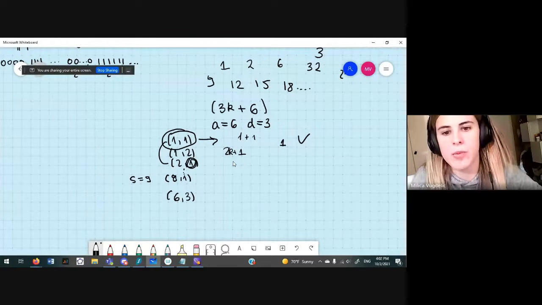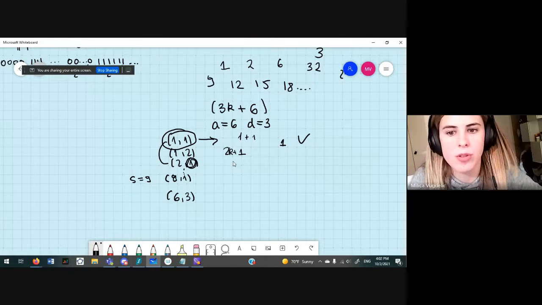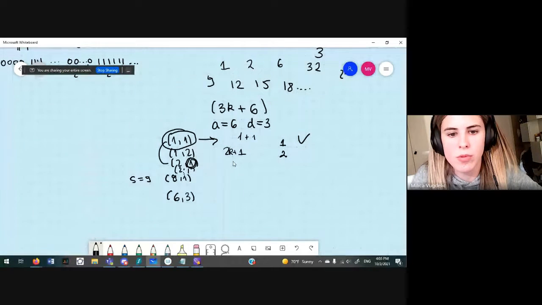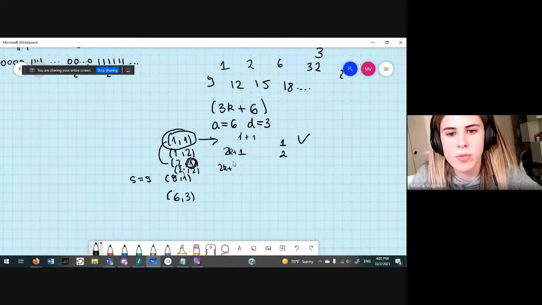And what I said is that we want it to be larger than 2 to the previous number. So we would go 2. And then the next one, which also doesn't make sense, so let's just put in 2. So it's 2k plus 2.